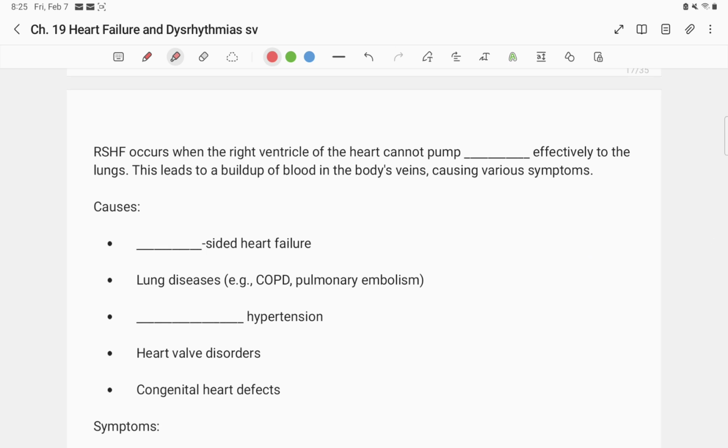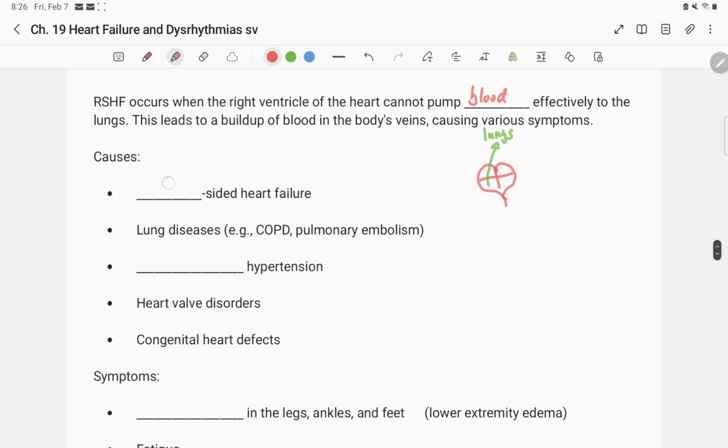Okay, right-sided heart failure occurs when the right ventricle of the heart cannot pump blood effectively to the lungs. All right, so going back to our chambers, that right ventricle sends blood to the lungs.